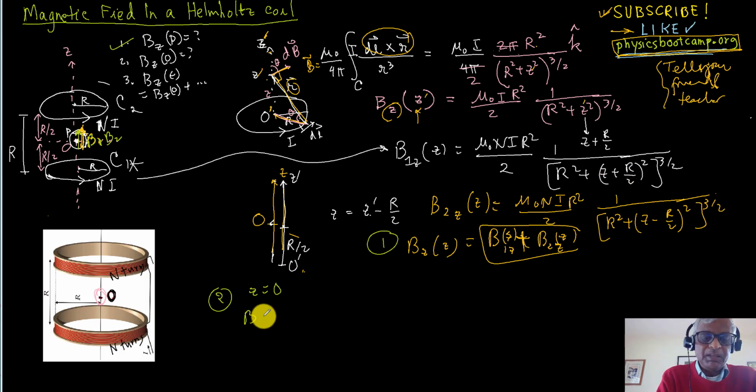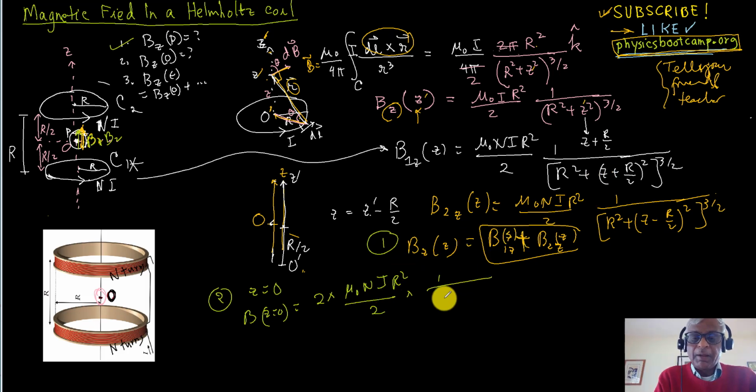So B at z equal to 0 is going to be 2 times mu naught n i r square over 2 times 1 over r square plus r square over 4, to the 3/2.